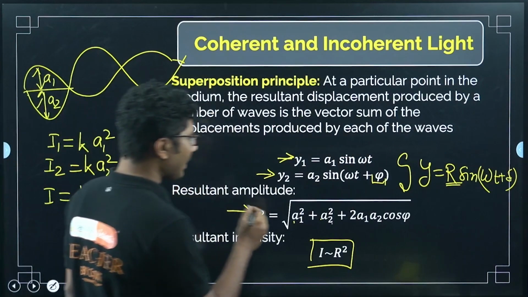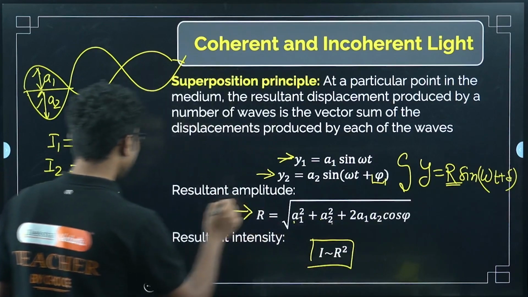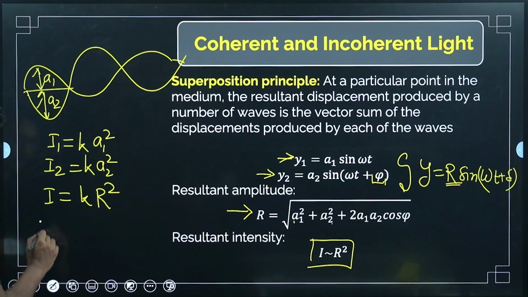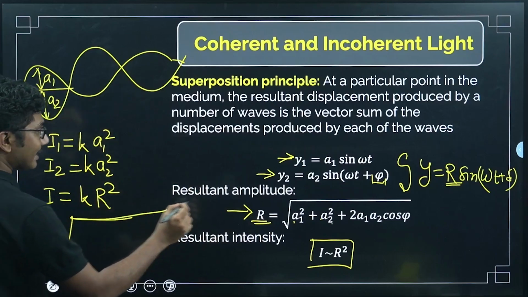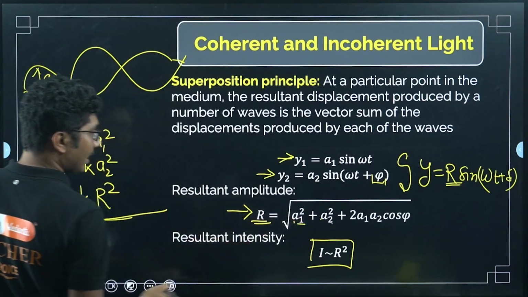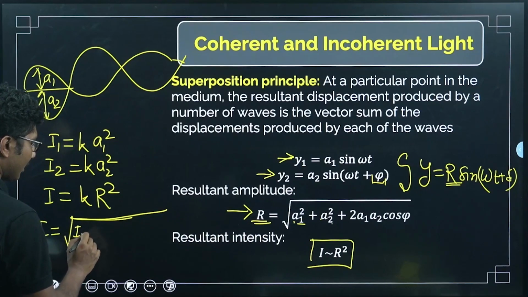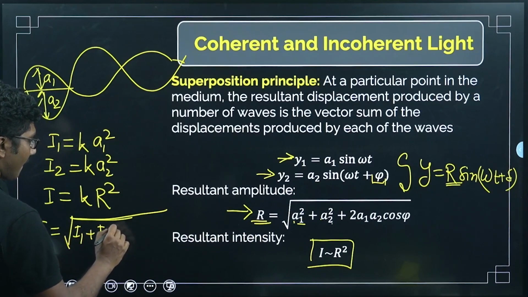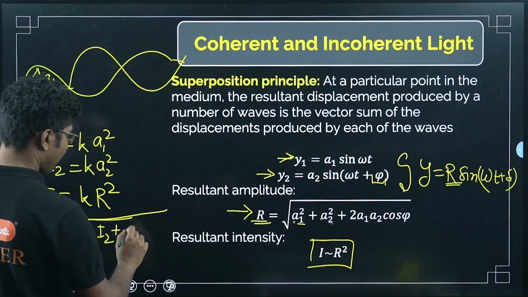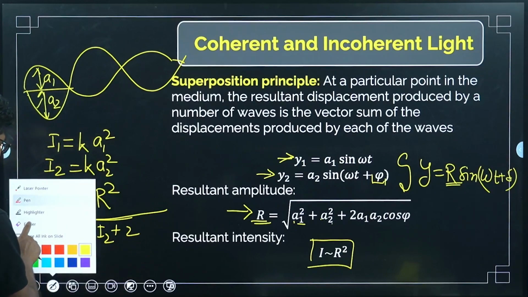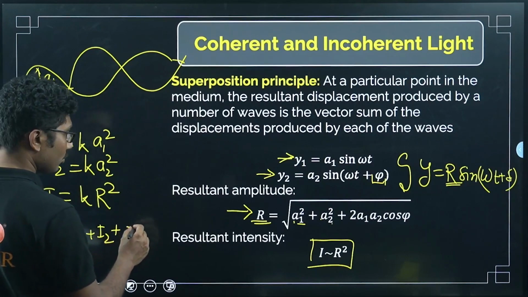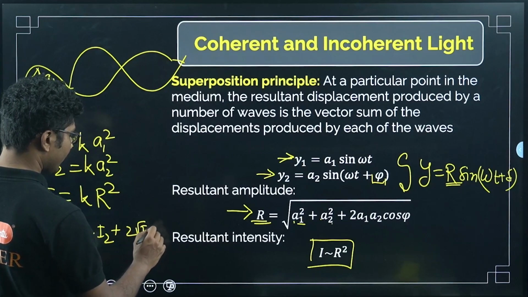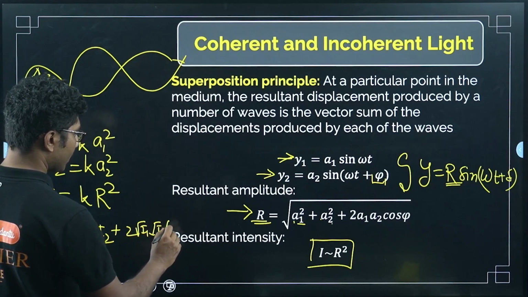In fact, if you replace in this equation, you can write the intensity equation as I equals I1 plus I2 plus 2 square root of I1 square root of I2 cos phi.